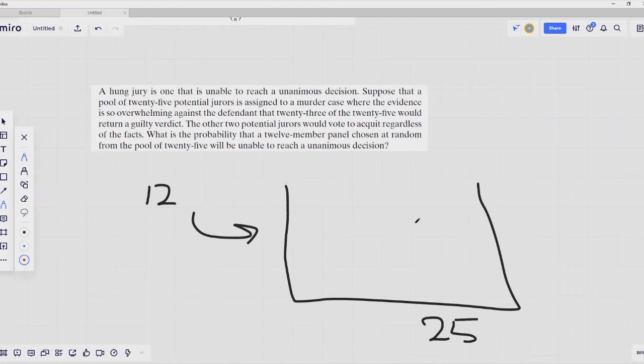And out of those 25, 23 would always return a guilty verdict.